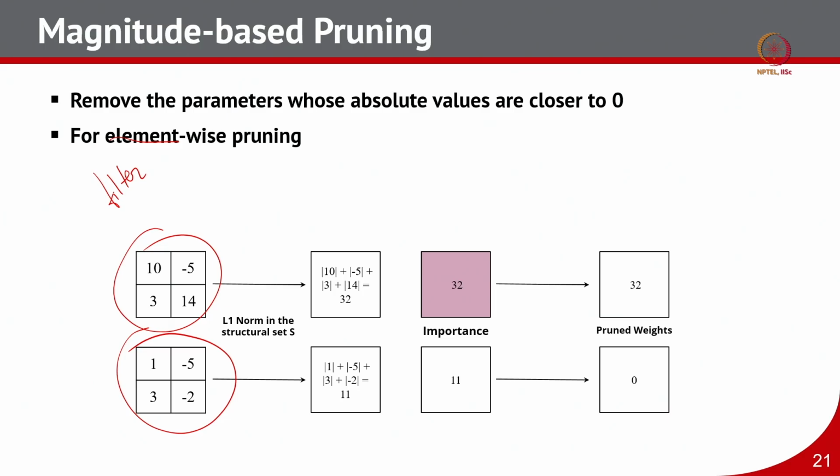If we want to do filter wise pruning, we can see the sum of the absolute values of all the weights, and then prune the filter which has the lower sum of absolute values. In this case the second filter has the lower sum of absolute values, so we can prune that filter. So with that, let us end this lecture.